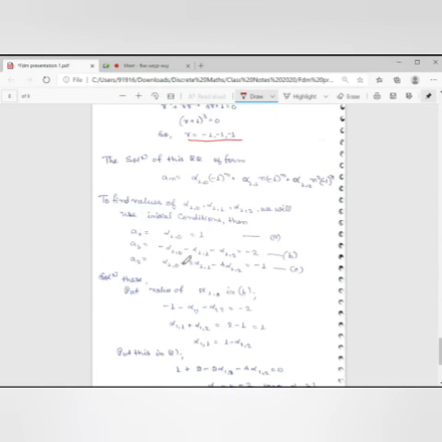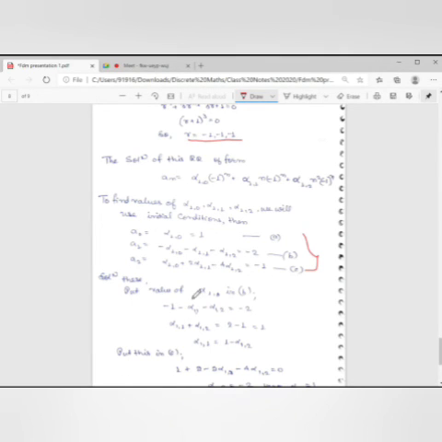Similarly, a2 = alpha 1,0 + 2 alpha 1,1 + 4 alpha 1,2 = -1. I have labeled these equations A, B, C. From these equations, with any method you find suitable, you can find the values of alpha 1,0, alpha 1,1 and alpha 1,2.